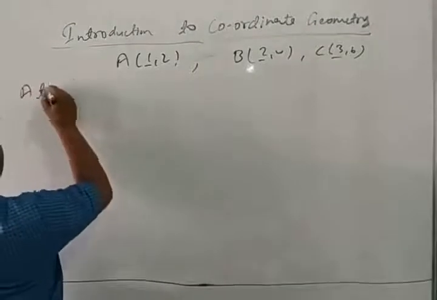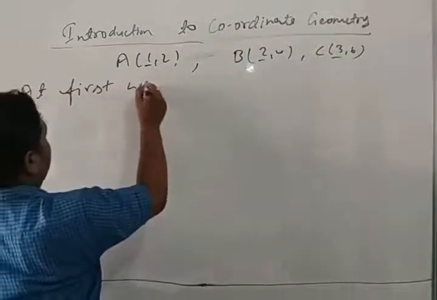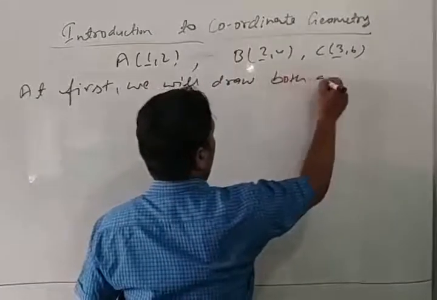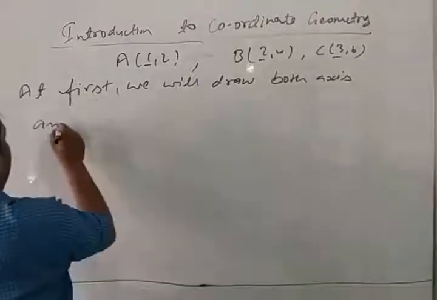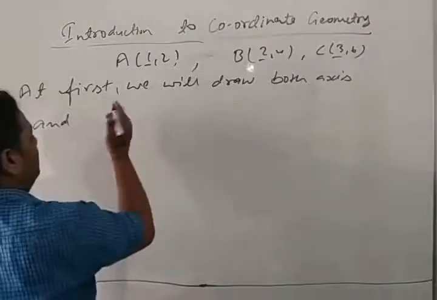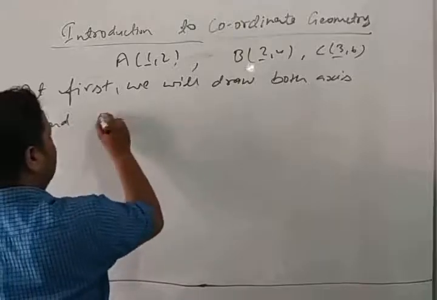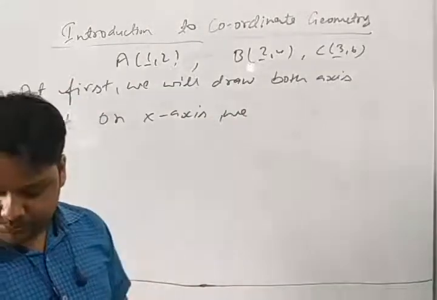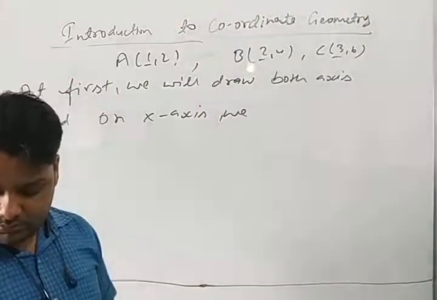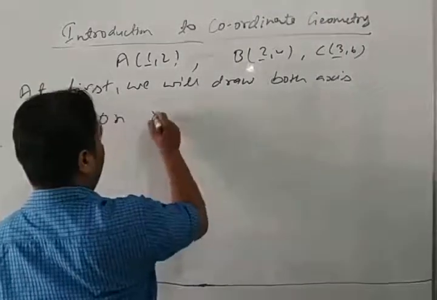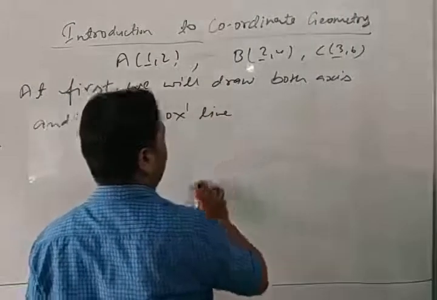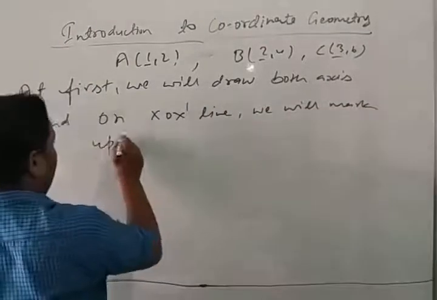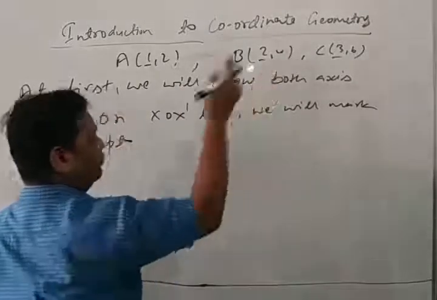At first we will draw both axes, and on the x dash line we will mark 1, 2 and 3, then one more, 4.